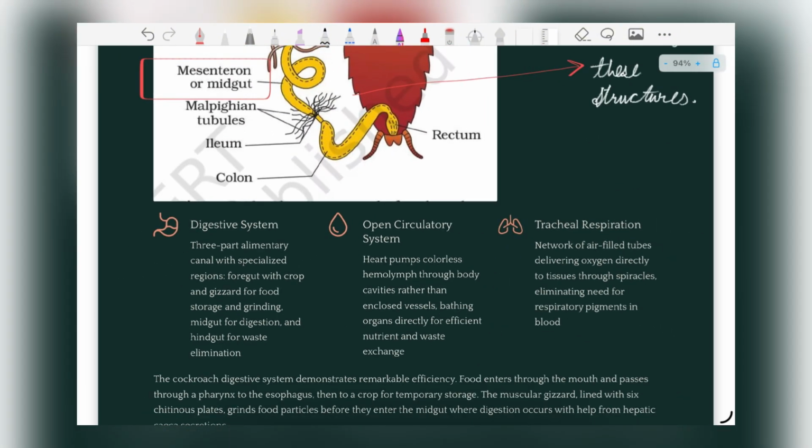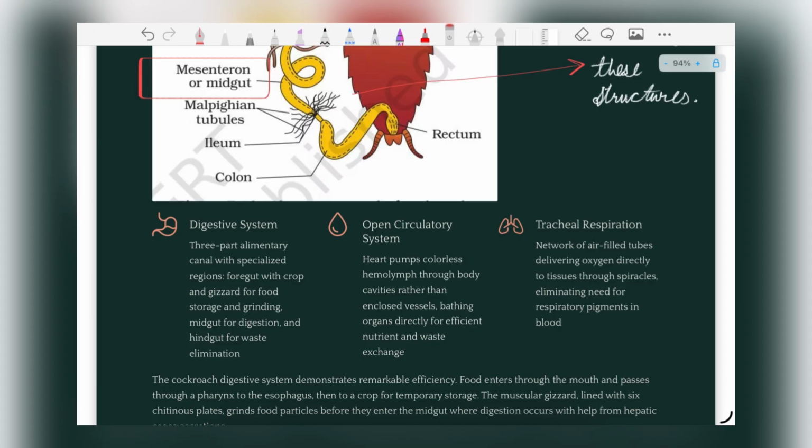Now, digestive system. Three-part alimentary canal with specialized regions: foregut with crop and gizzard for food storage and grinding, midgut for digestion, and hindgut for waste elimination.